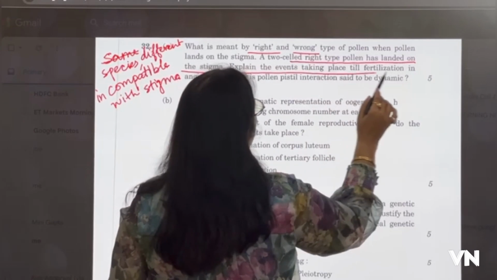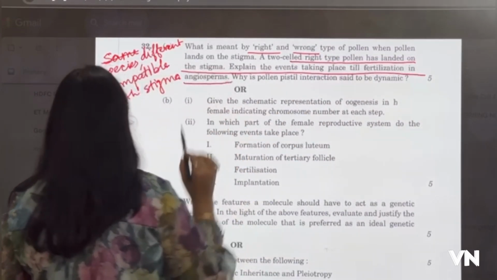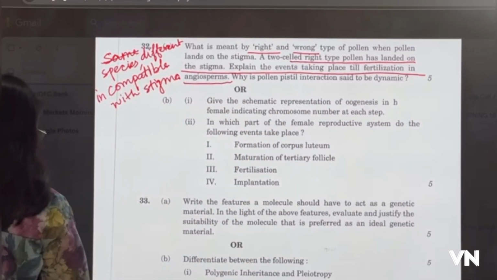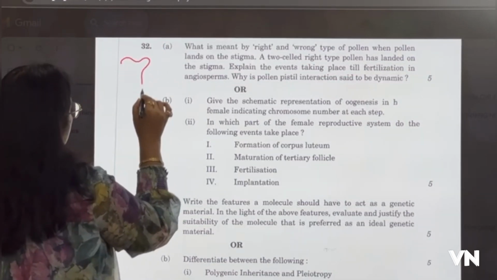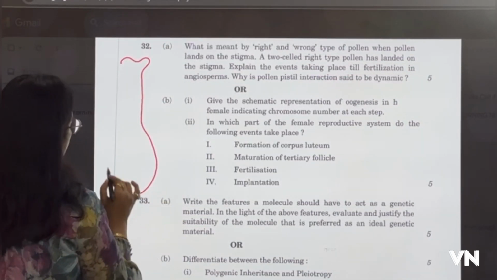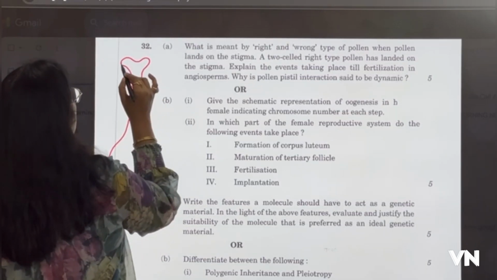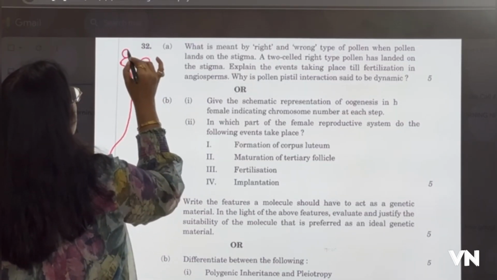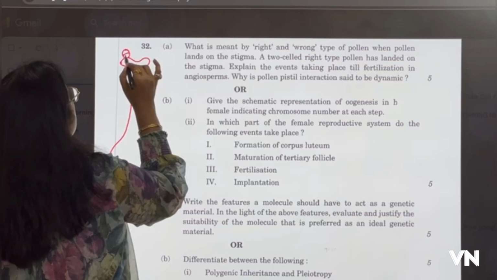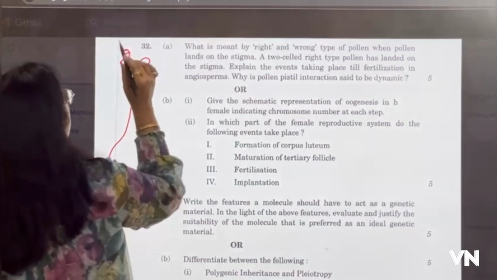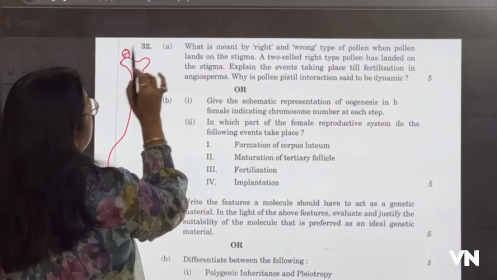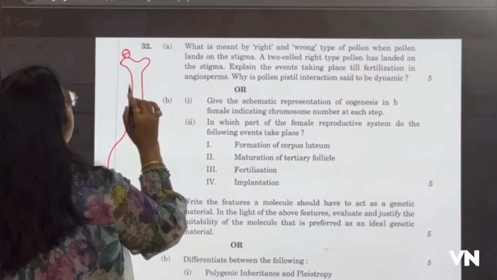Explain the events taking place till fertilization in angiosperms. Two-celled means there is a generative cell and a vegetative cell, and this type of pollen has landed on the stigma.